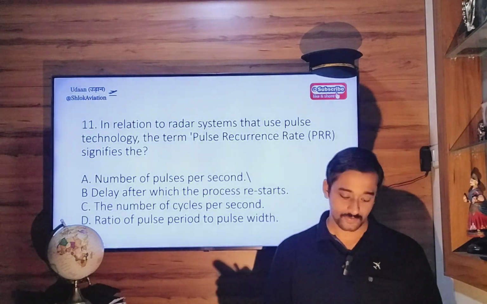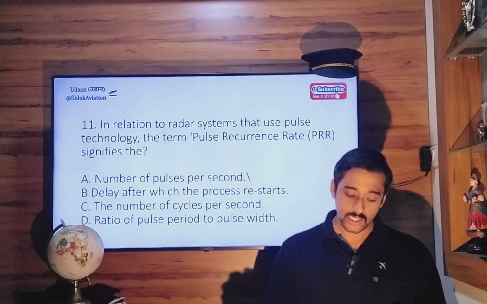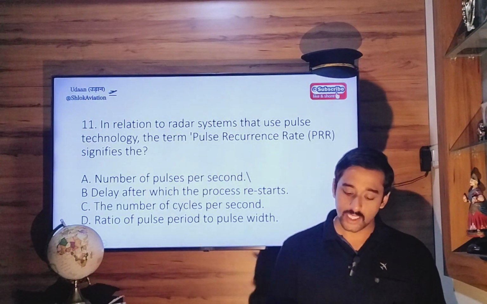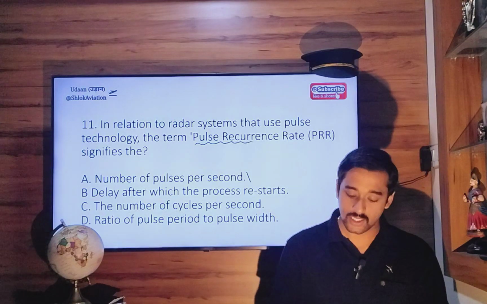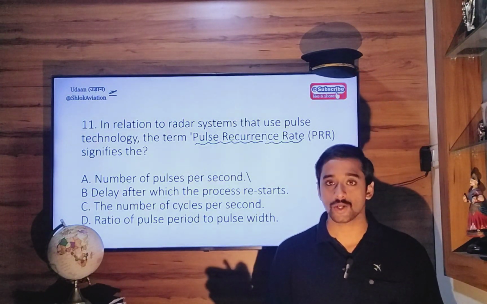Question 11. In relation to radar systems that use pulse technology, the pulse recurrence rate signifies what? What is the significance of pulse recurrence rate?